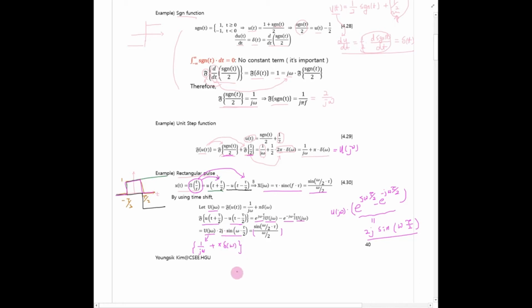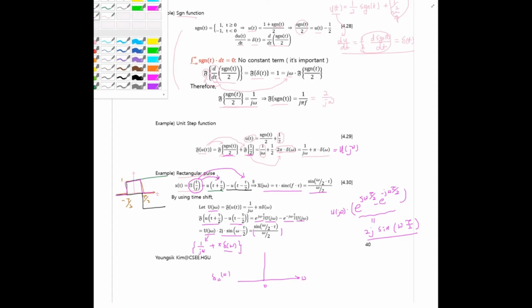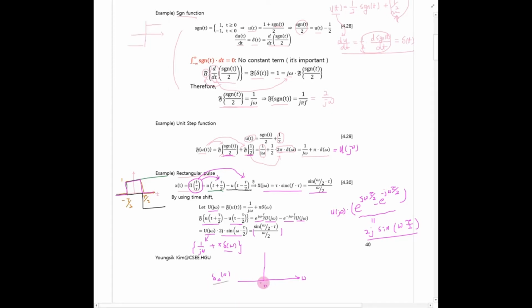But for the product of delta and sine, you can think about the delta omega being expressed in this way. This is the omega axis, and this function can be expressed with these approximations. This one is delta over 2 minus delta over 2.